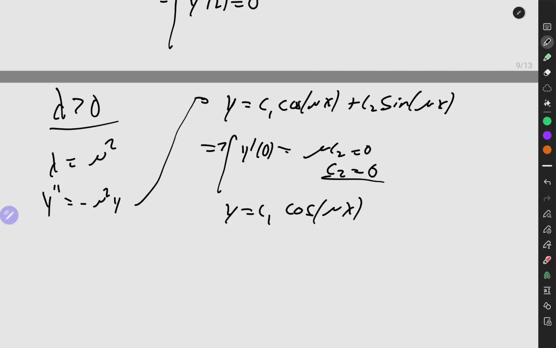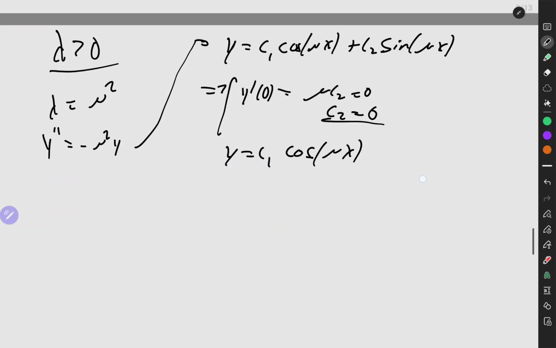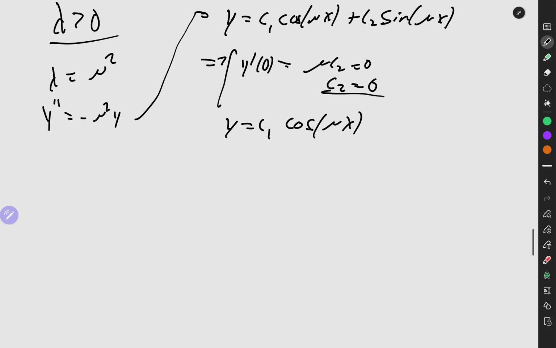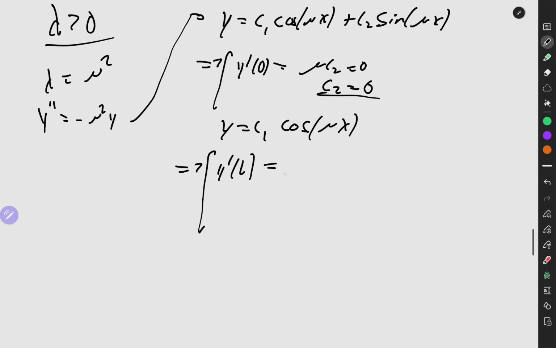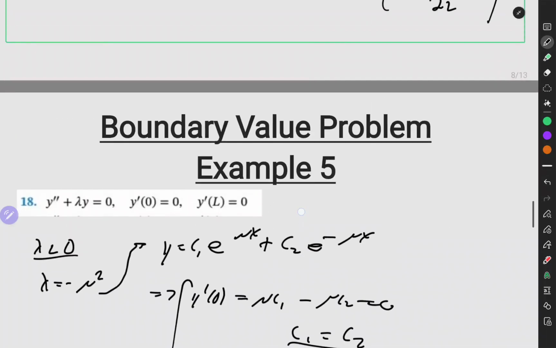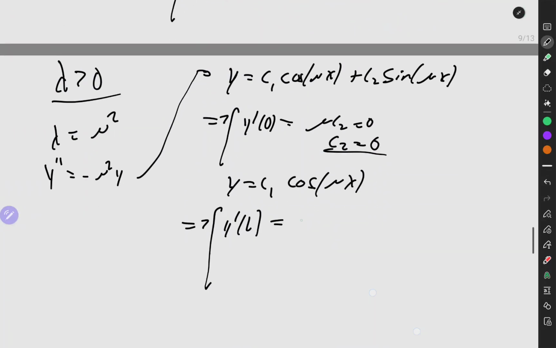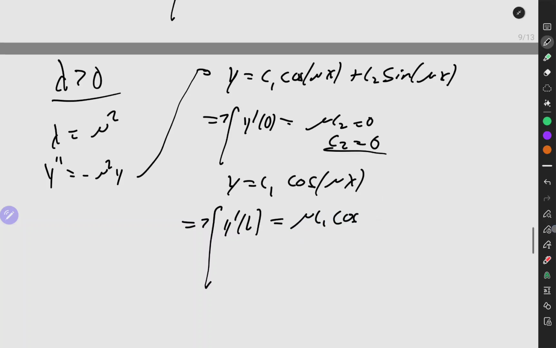And then this could be an eigenfunction, I would say. Let's find out. This is L, right? Yep. Prime? Yep. Yeah, it definitely could be an eigenfunction.